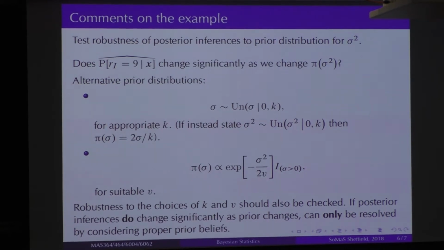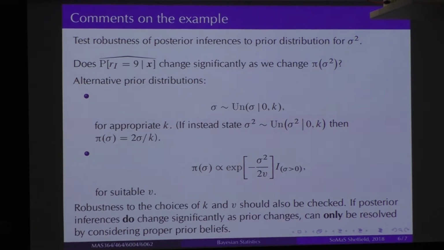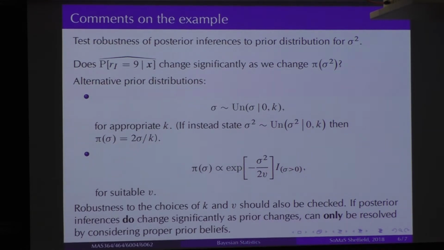If inferences do change with different priors, then we need to be careful when we report our results about specifying or being clear about the prior that we have used in our analysis. Okay? If we don't have real information, then we have to say that. We're not using any outside or prior information, but the posterior is very sensitive.